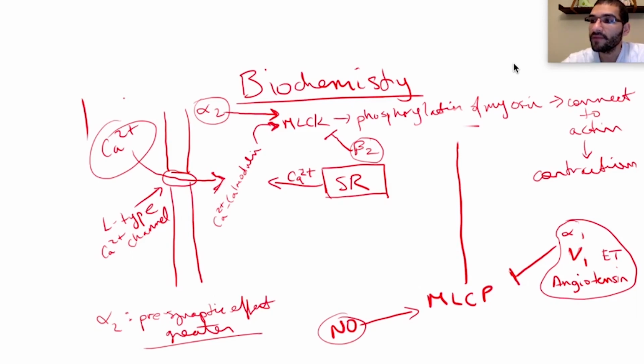Calcium then binds to calmodulin, which leads to activation of MLCK, also known as myosin light chain kinase, which as a kinase means it's an enzyme that essentially phosphorylates. So MLCK phosphorylates myosin. Myosin, when phosphorylated, is able to connect to actin to lead to contraction.